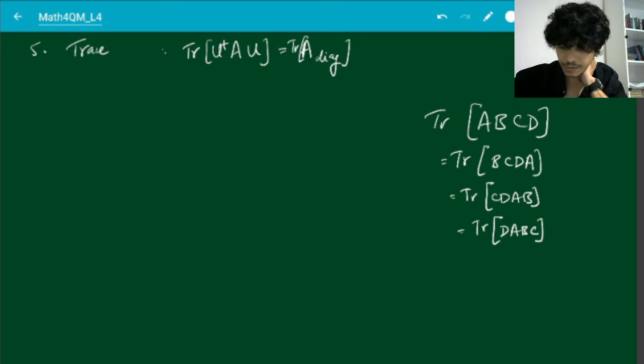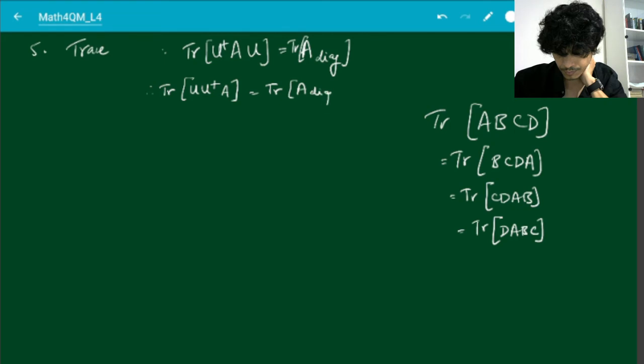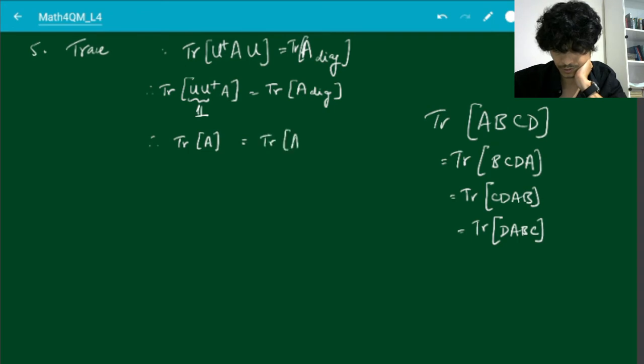So over here, I can bring the U on this side. I'll get U dagger A is trace of A diagonal. But U dagger is just identity. That's the definition of a unitary matrix. Therefore, trace of A is trace of A diagonal.